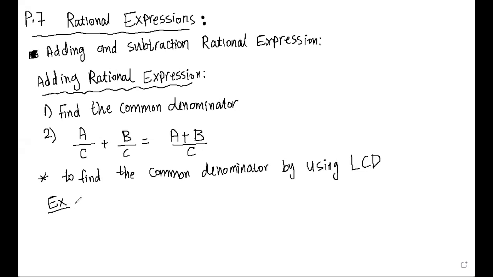For example, 3 over x minus 1 plus x over x plus 2 equals. So here, how can we find the least common denominator between these two fractions? We're not going to use cross multiplication.